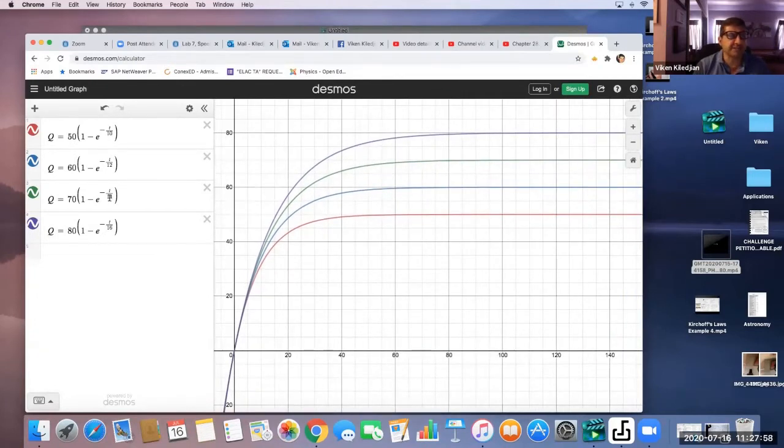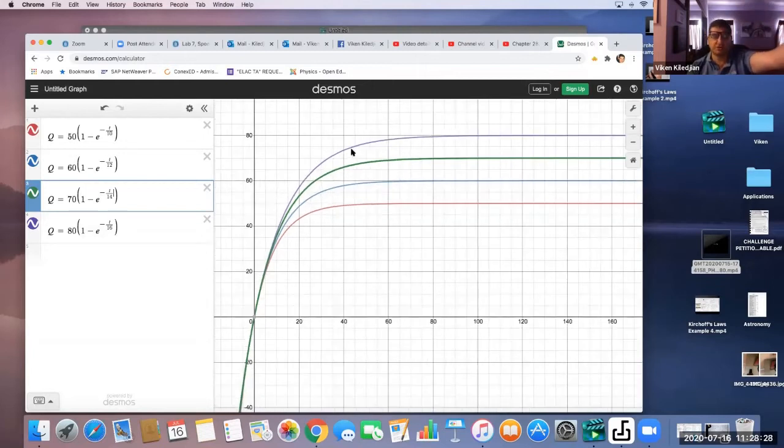Are their time constants the same? No. It's taking longer to charge, but they're also reaching a higher charge, right? This guy is reaching a higher charge. So how would you describe that? If you increase the capacitance, it reaches a higher charge, right? And it also takes it a longer time to reach that higher charge, you see?